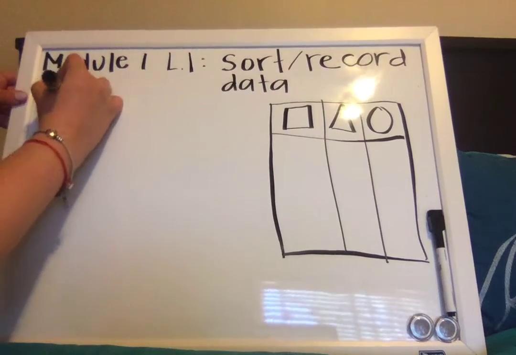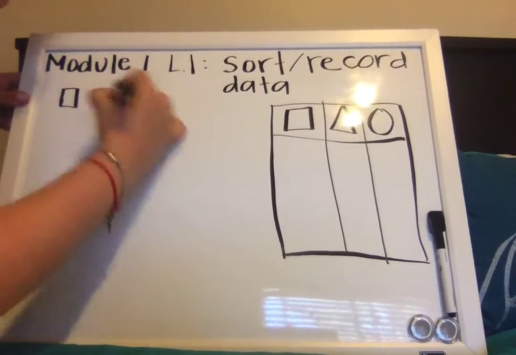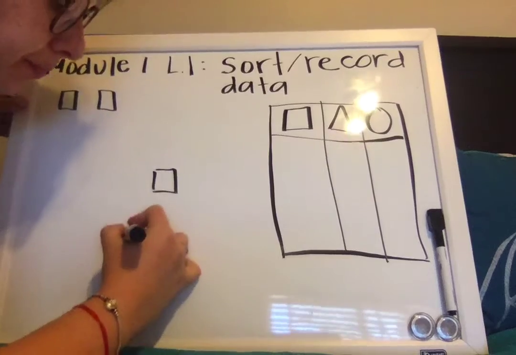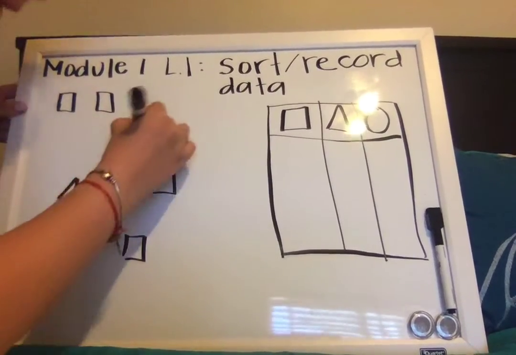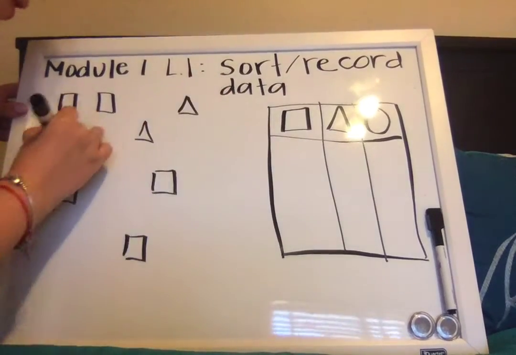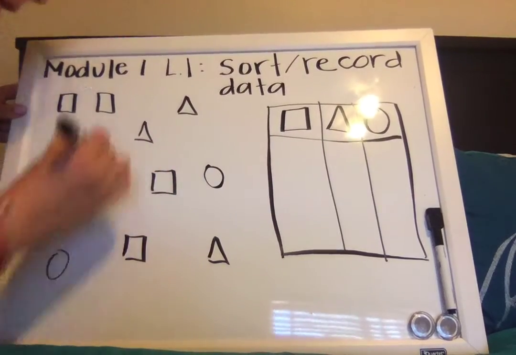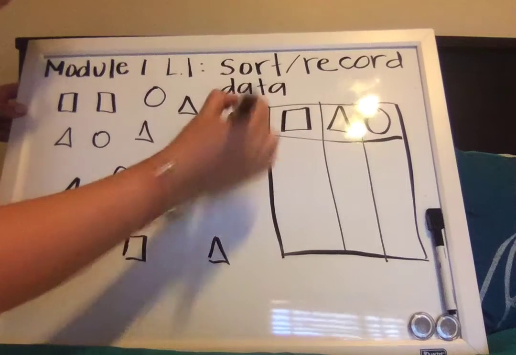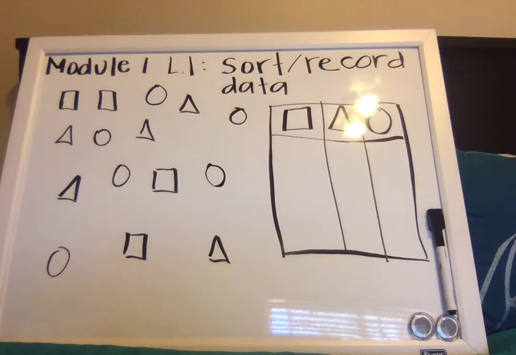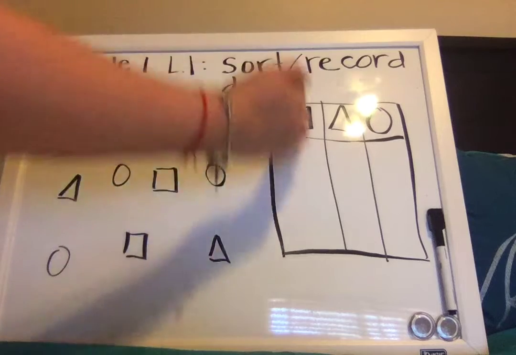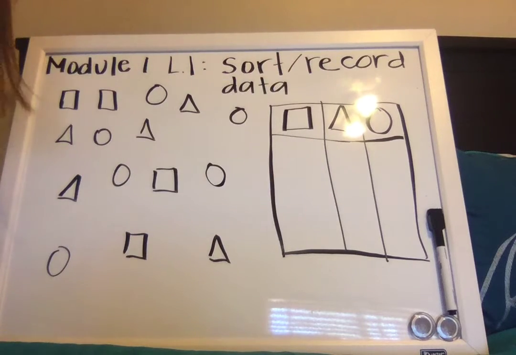So let's get started. I'm going to go quickly. They may not look cute, but I'm just trying to get these out. Okay, there we go. All right, so I have now drawn my shapes. Now I need to sort them and categorize them in their particular section that they belong in, okay?